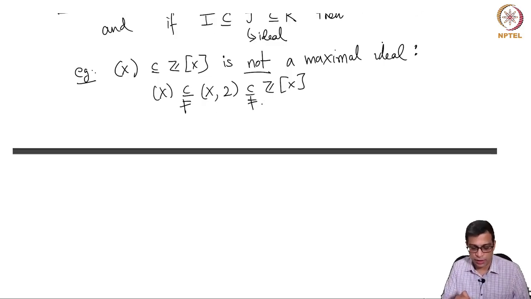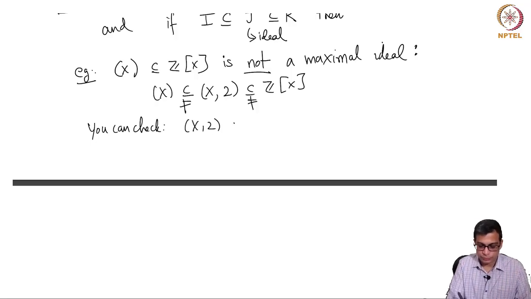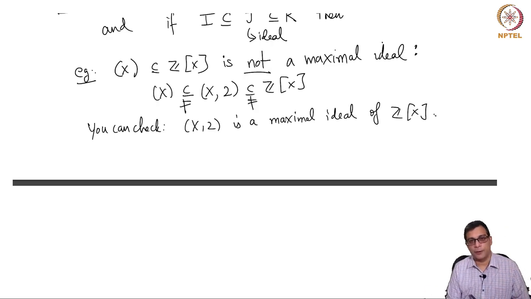So this is not a maximal ideal. So in fact, you can check that (x, 2) is a maximal ideal of Z[x]. You can't construct a proper ideal which strictly contains the ideal (x, 2).